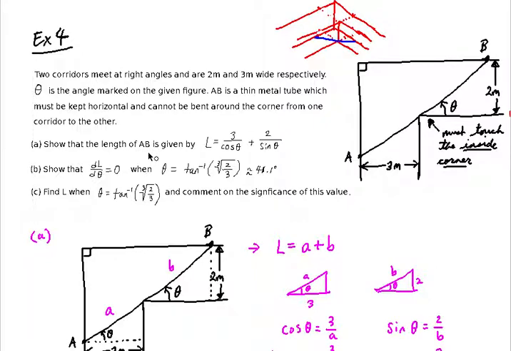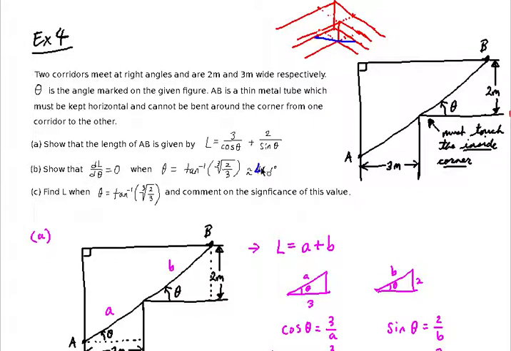So show that the length of AB is given by L equals 3 over cosine theta plus 2 over sine theta. After you find that, show that the rate of change of L with respect to this angle is 0 when theta is 41.1 degrees.